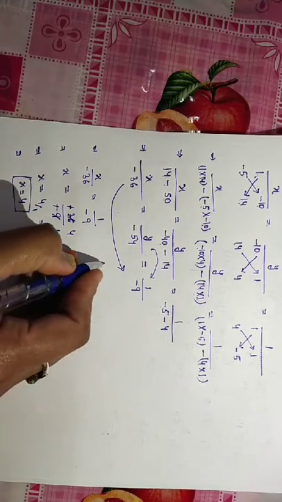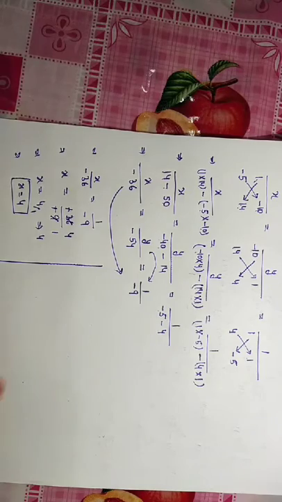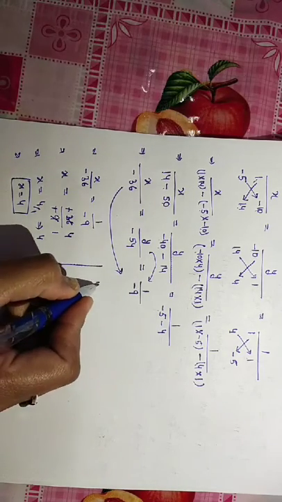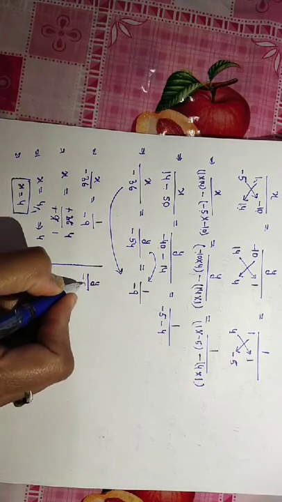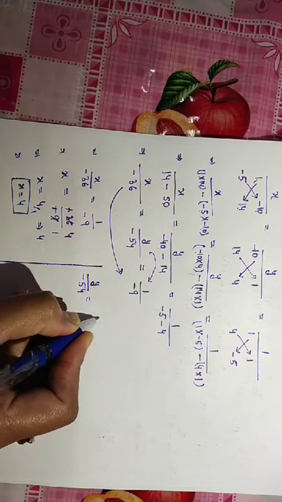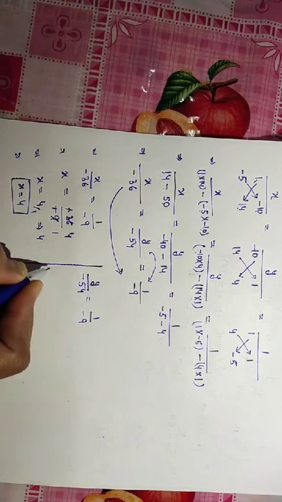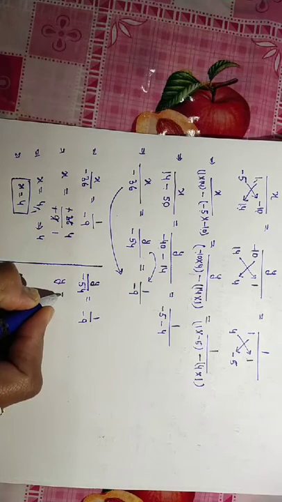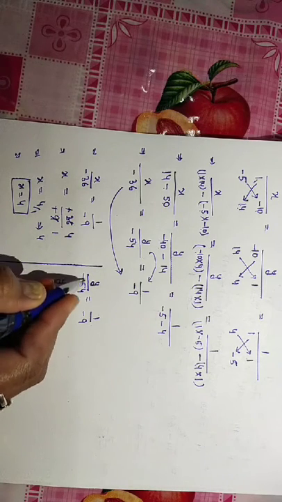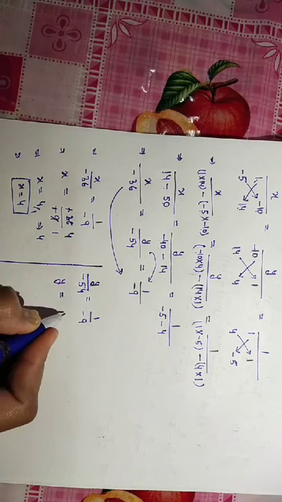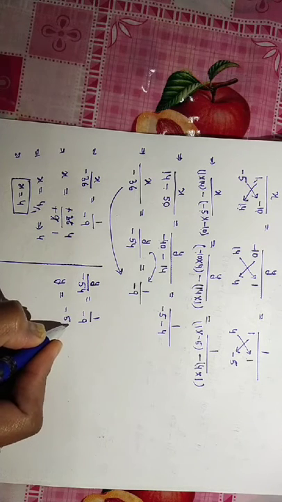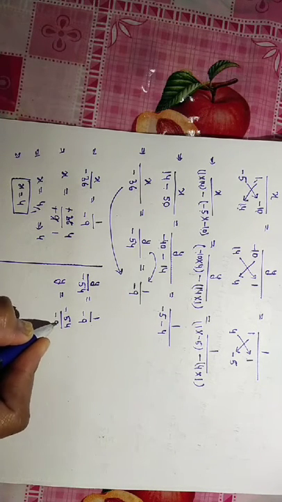For finding the value of y, we compare the second and last term, that is y upon minus 54 equal to 1 upon minus 9, and by transferring the denominator of y to the RHS, we get minus 54 upon minus 9.